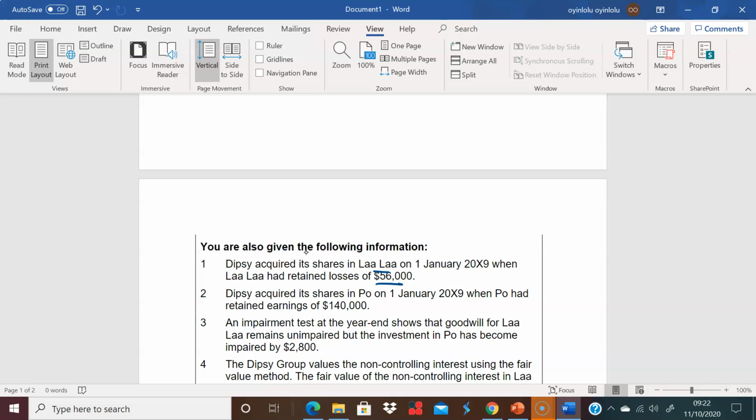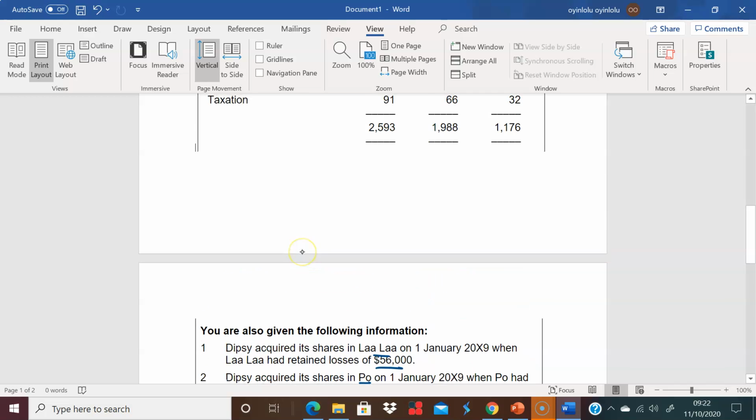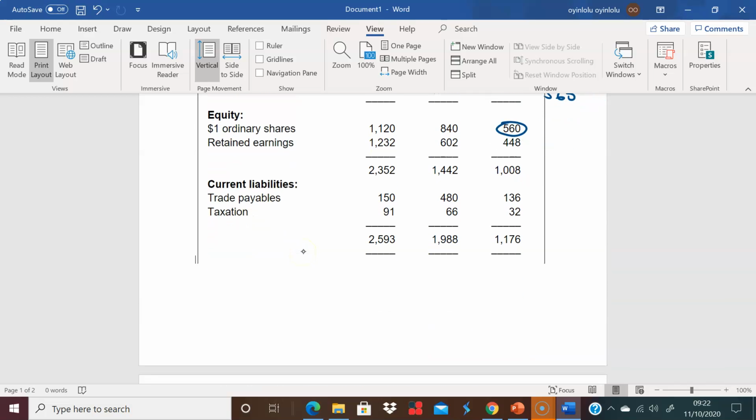And this is what I want to focus on. DIPSI acquired its share in PO on the 1st of Jan when PO had retained earnings of 140. So I'm just going to do this here. I'm almost creating a working 2. You do not need to create a working 2, but a working that looks like working 2, but for PO. So I have here ordinary shares, 560, and net assets at acquisition, net assets at year end, 560.